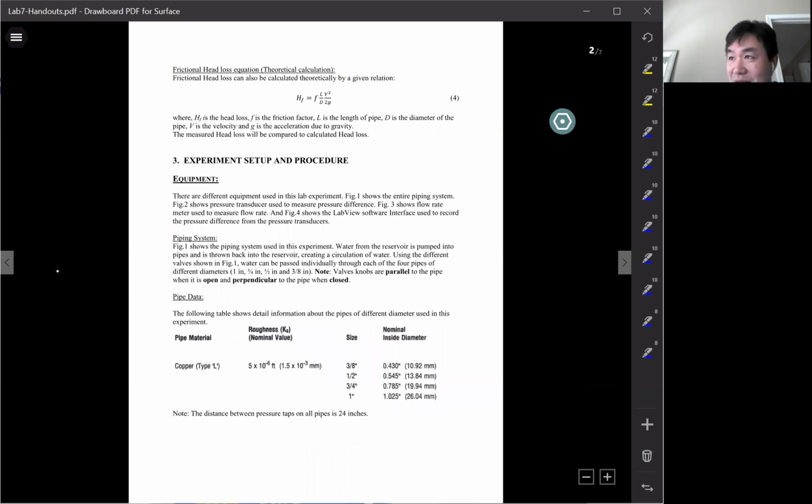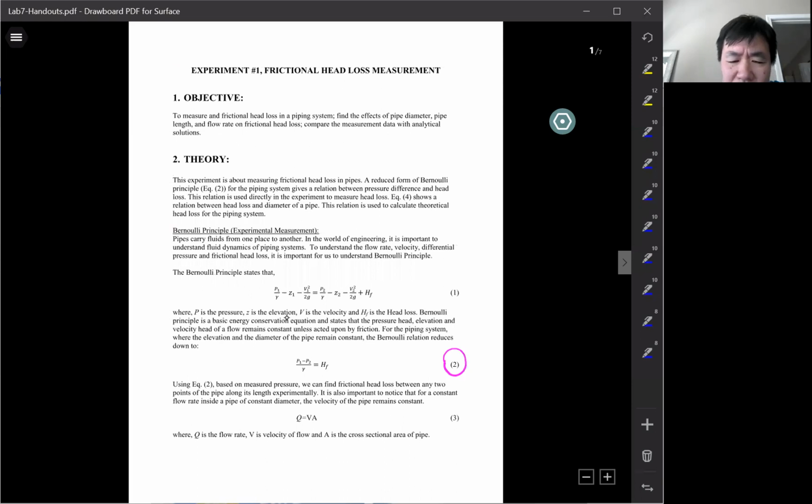Pump head is calculated by the pressure difference divided by gamma, right? Same thing here. Equation 2 shows that, from the measurement point of view, to measure the head loss between a portion of pipe, you find the pressure difference divided by gamma. That's the equation to calculate the measured head loss between 2 points.